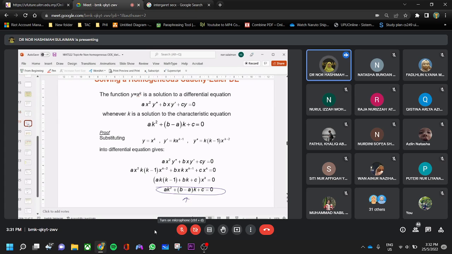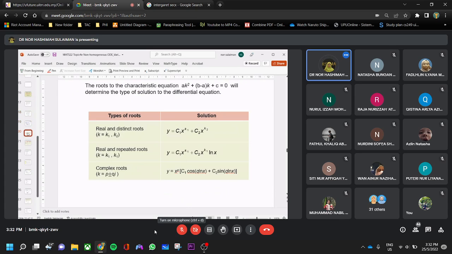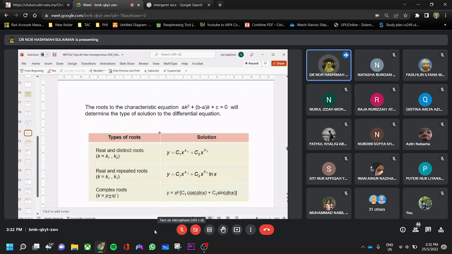Okay. Alright. So okay, how about the root to the characteristic equation? Kita dah dapat tadi punya characteristic equation dia adalah apa? a k kuasa 2 tambah (b minus a) k plus c equals to 0. This is our corresponding characteristic equation of a Cauchy Euler differential equation.